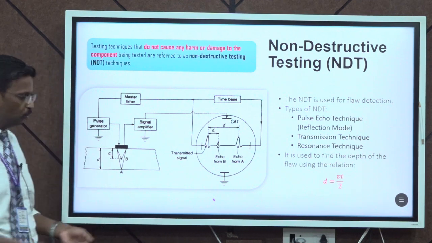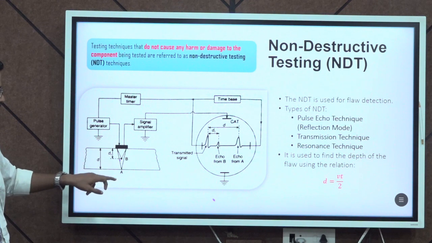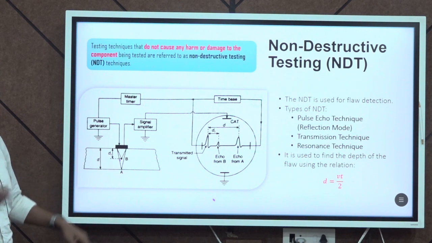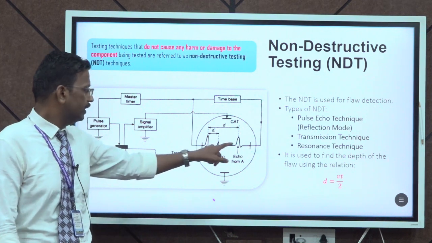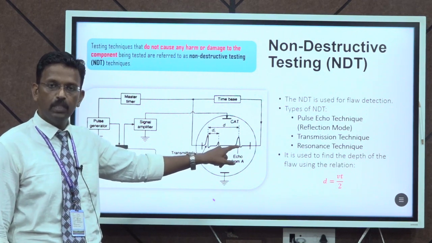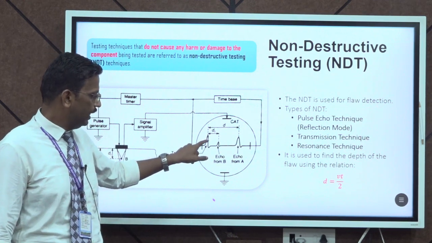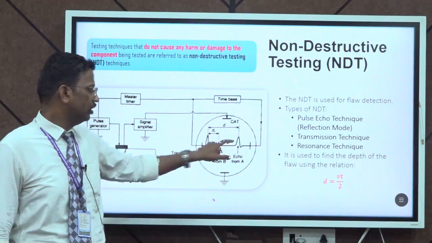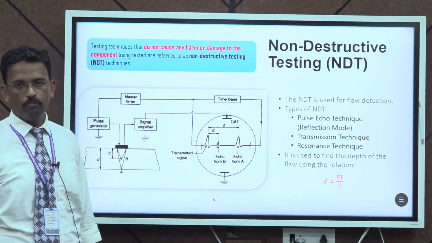So we get a second reflection from here, and the third reflection is from the bottom of the specimen. This peak is the bottom or back wall reflection. This is our initial top plane reflection, and that one is the reflection from the back wall.